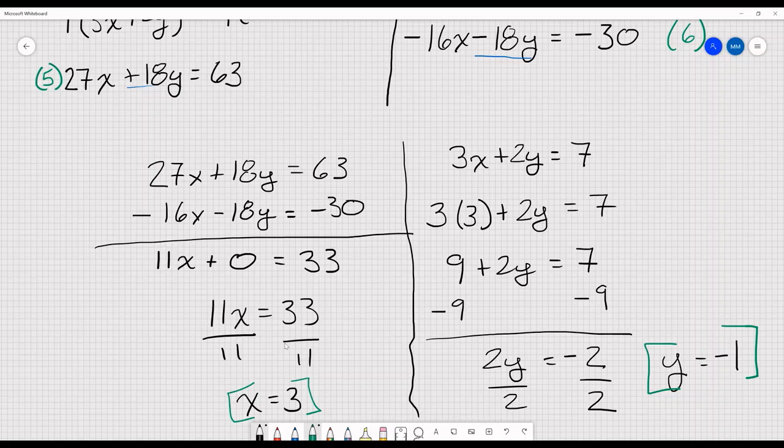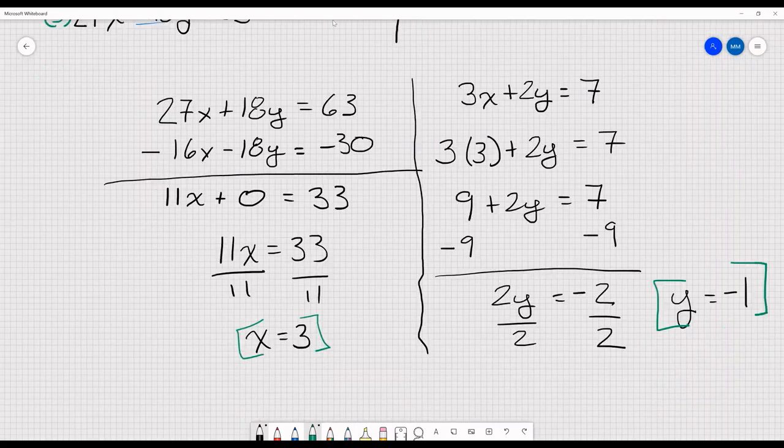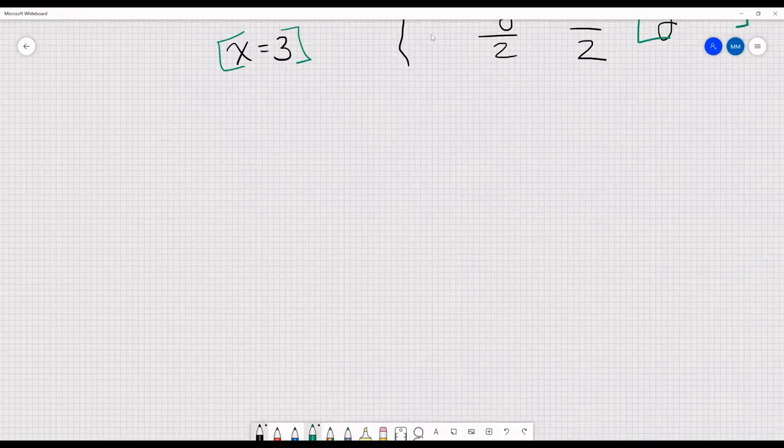All right, I manipulate this system a lot. So I'm going to take this proposed solution back to my original equations and make sure that they actually work.